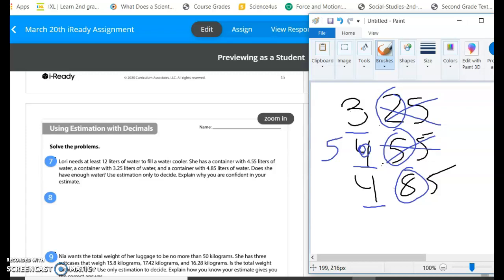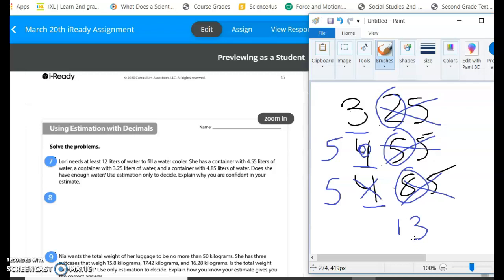And so I'm going to cross this out and raise this to a 5 and cross this out. So now if I look, I have 3 whole numbers. I have a 5, another 5, which is 10, and that's 13. So my estimate is that I have 13 liters of water.